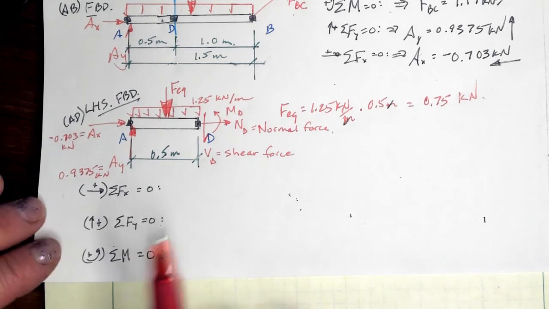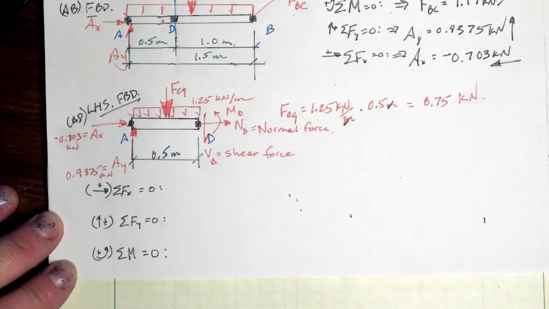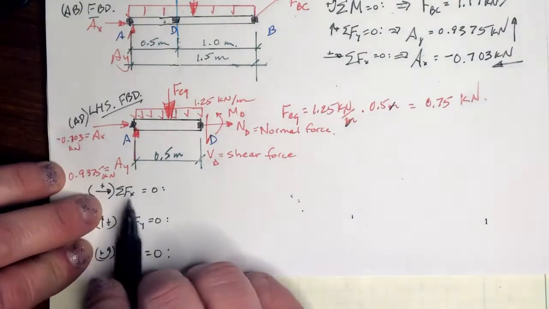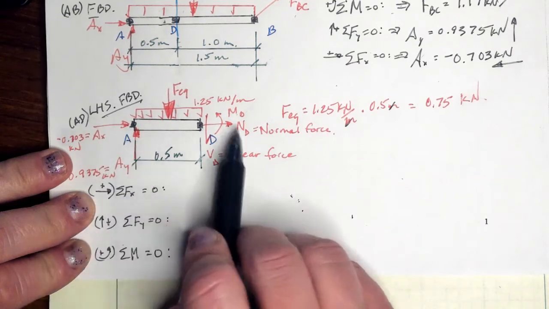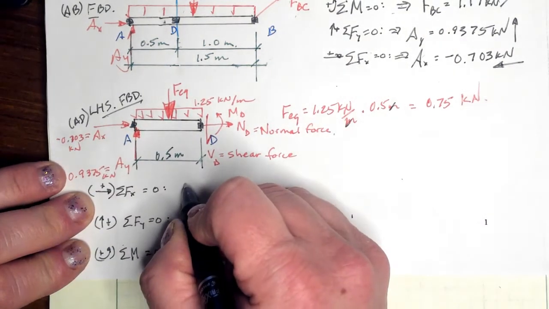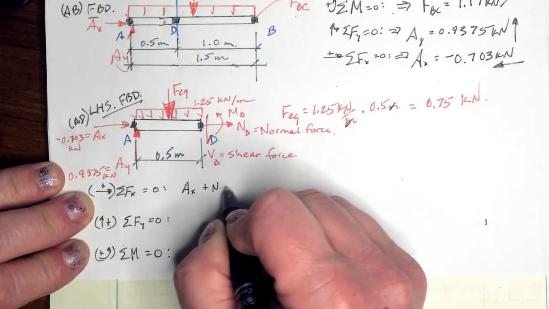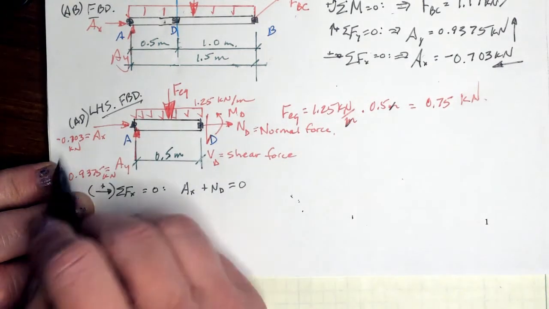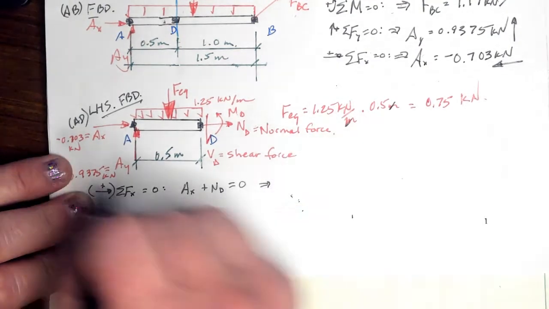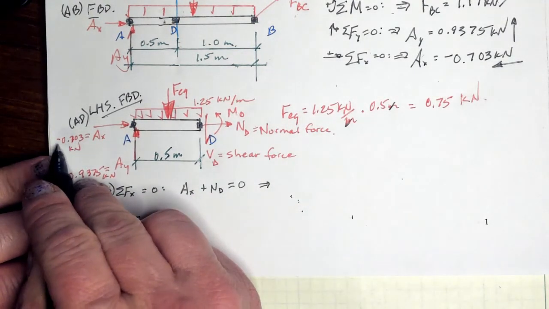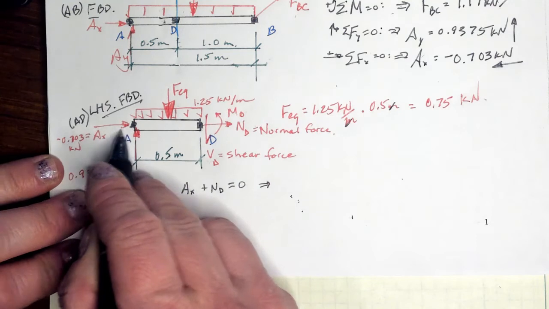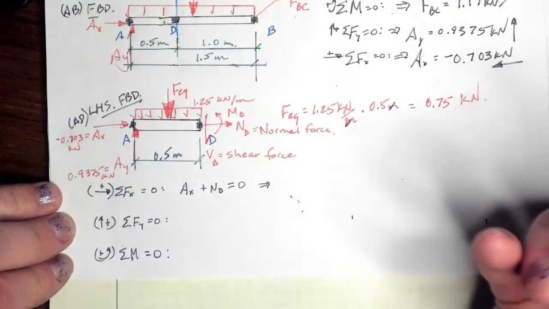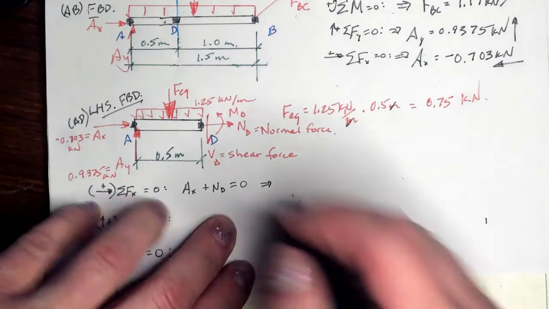All right, so I added a couple things here. We're going to do our equilibrium. X directions, we're going to have A_X and this normal force. We have A_X plus the normal force equals 0, both acting in the positive direction. As I solve for that, my A_X was actually in the opposite direction, but I continued to draw it in the positive, and I have a notation here that it's negative, so we know it's going in that direction.